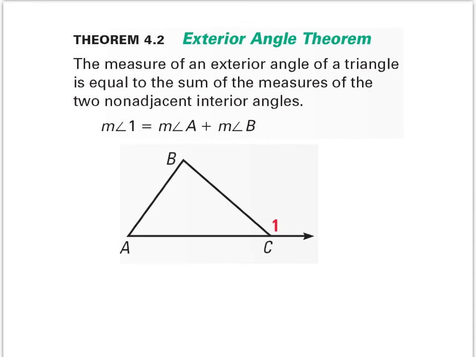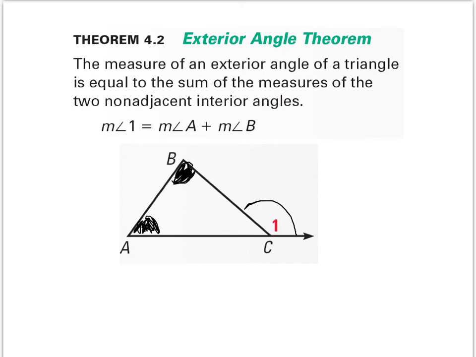Okay, and one theorem we want to talk about for exterior angles is the measure of an exterior angle of a triangle is equal to the sum of the measures of the two non-adjacent interior angles. So, for example, right here in this diagram, if we knew the measure of this angle and we knew the measure of this angle, we would know the measure of angle 1.